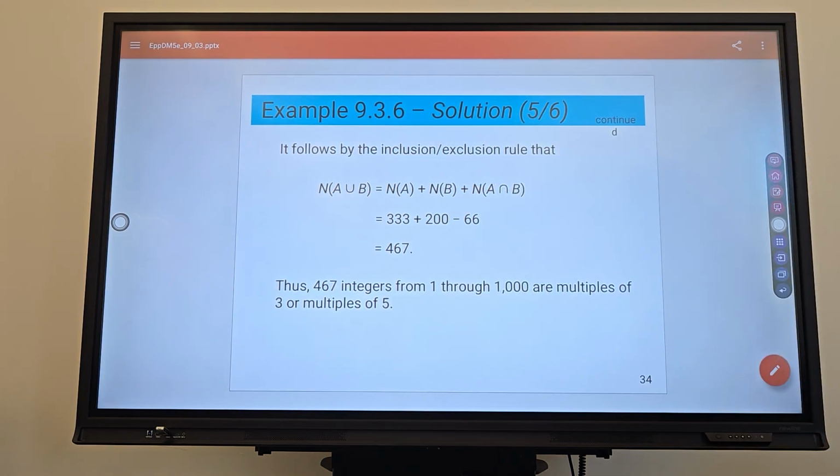That's a typo in the slide there. Which is equal to 333 plus 200 minus 66, which is 467. Therefore, there are 467 integers from 1 through 1,000 that are multiples of 3 or multiples of 5.